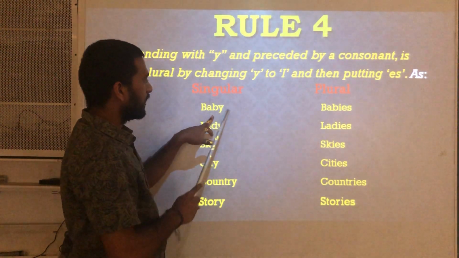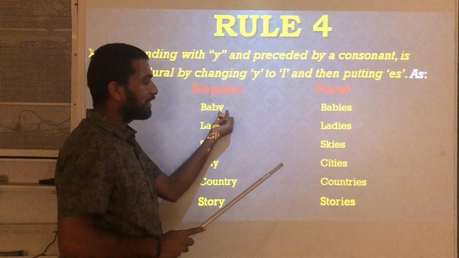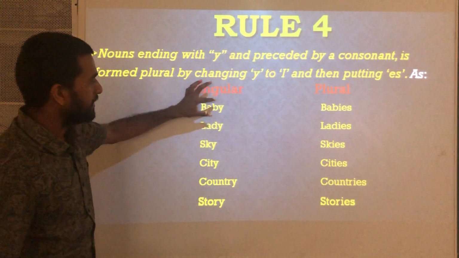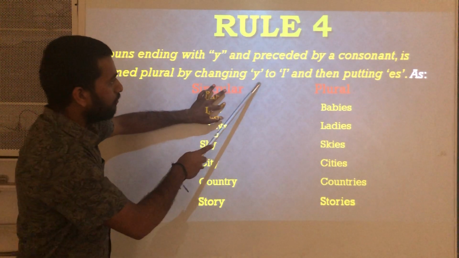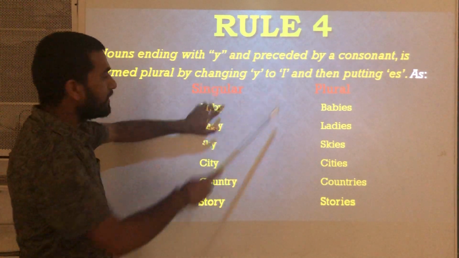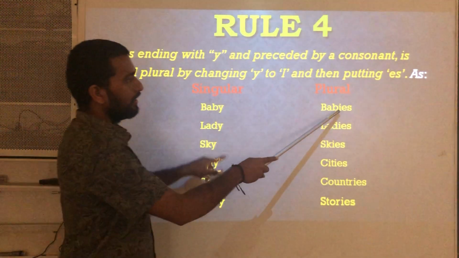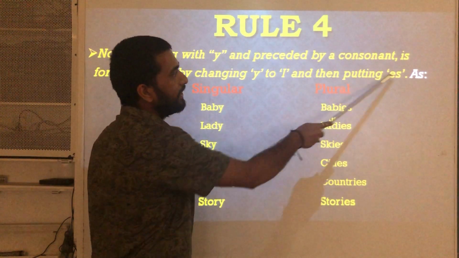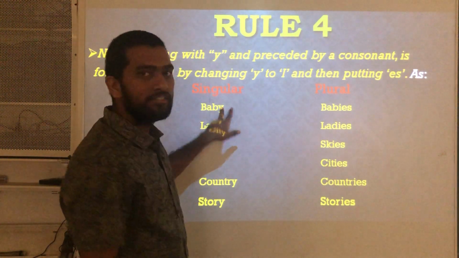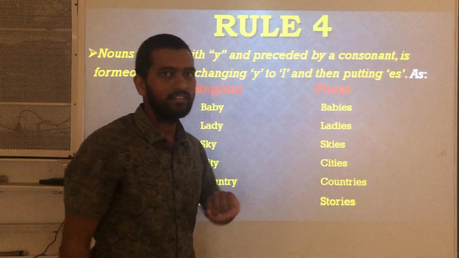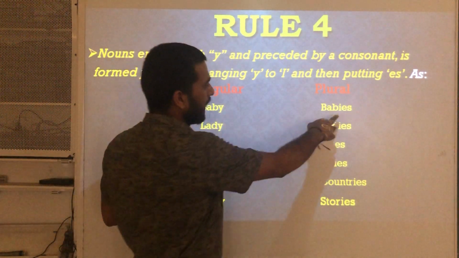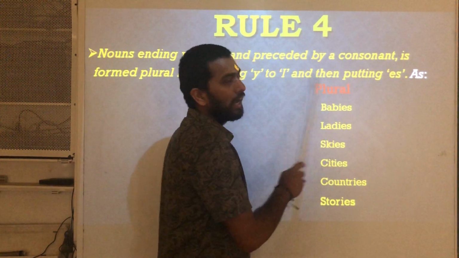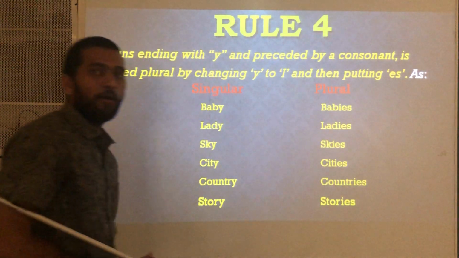We have to remove this y, and in place of y we need to write i, and then put es. After removing y we write i there, and after i, es should be added. Then it becomes plural.